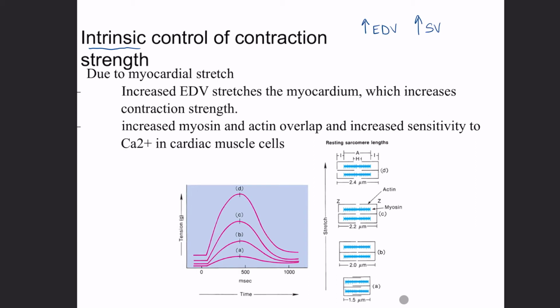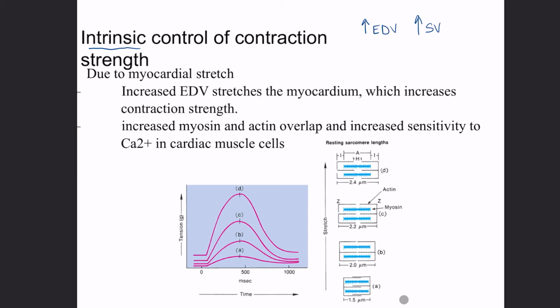And so what they saw was that increased end diastolic volume, the more volume you have at the end of diastole, stretches the myocardium. The more you have, it's going to stretch it out more, right? And so what they saw it did is that it increased contraction strength.